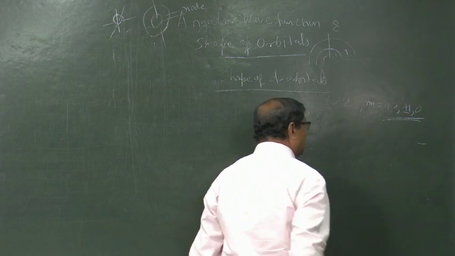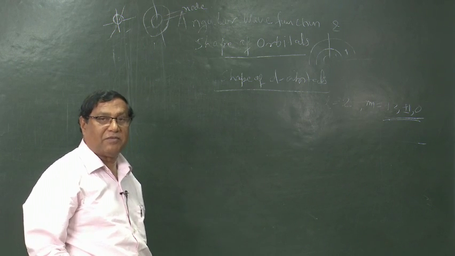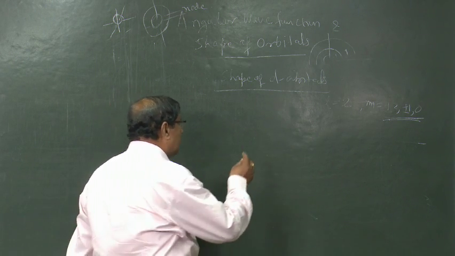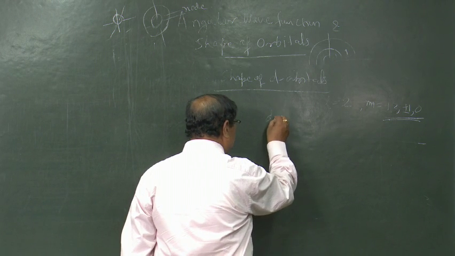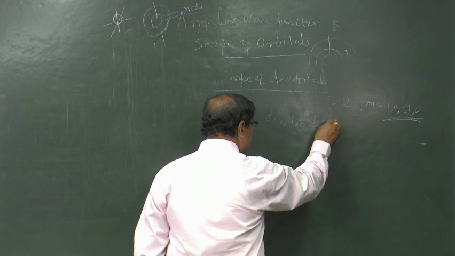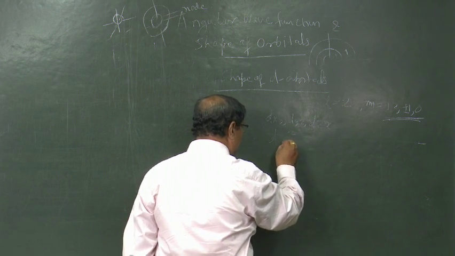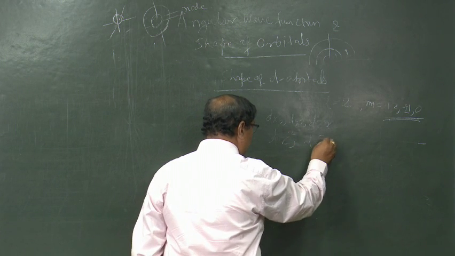That means 5 values. Corresponding to the 5 values of m, there are 5 d orbitals. They are designated as dxy, dyz, dzx, dz square, and dx square minus y square.